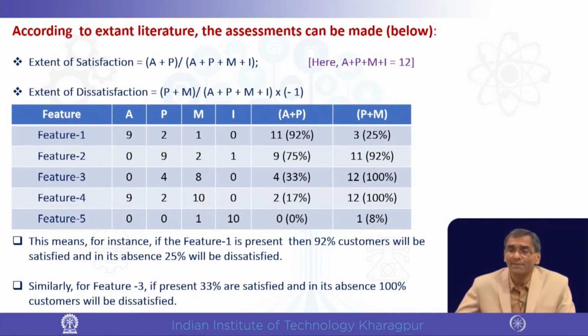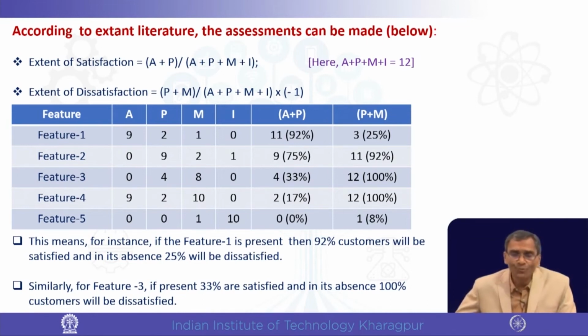Here A plus P plus M plus I is equal to 12, as we have already seen. Extent of dissatisfaction, therefore, is P plus M divided by A plus P plus M plus I, into minus 1, because dissatisfaction is negative. So, minus 1 is the multiplier.